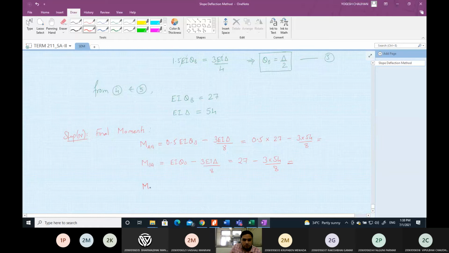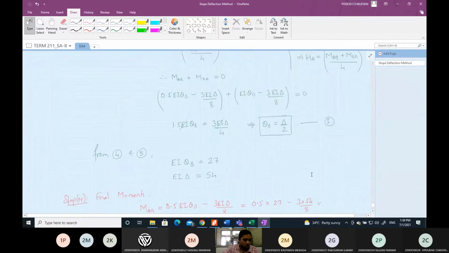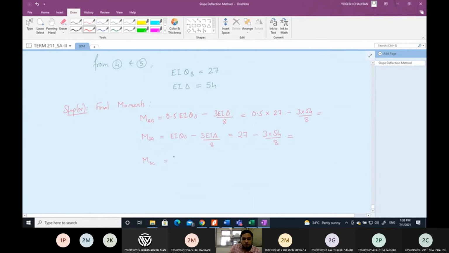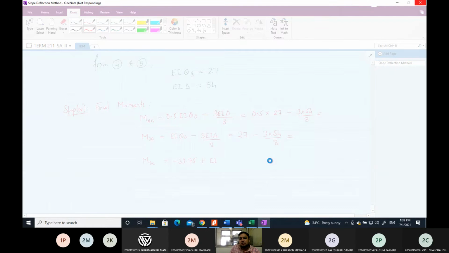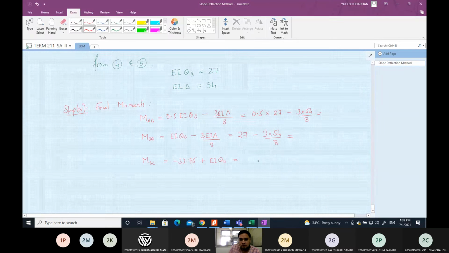Then MBC will be equal to minus 33.75 plus EI theta B. So that will be minus 33.75 plus 27, which equals minus 6.75 kilonewton meter.